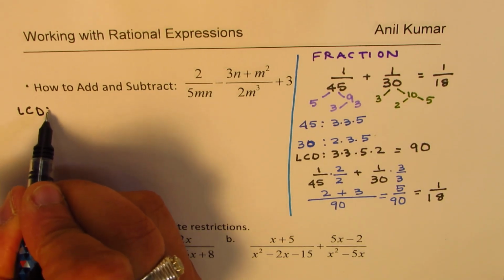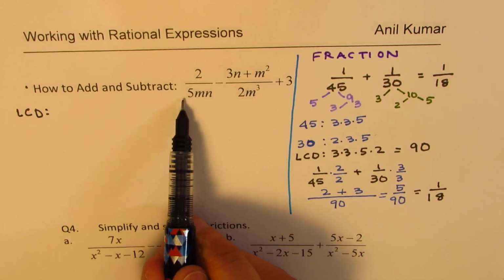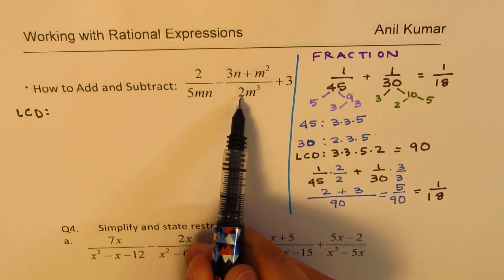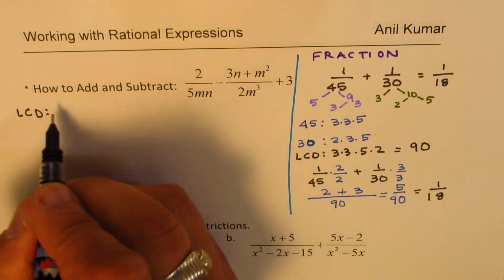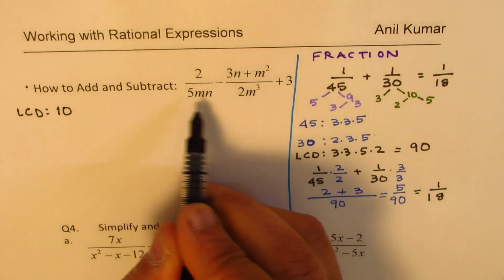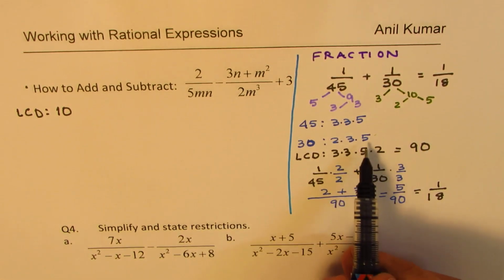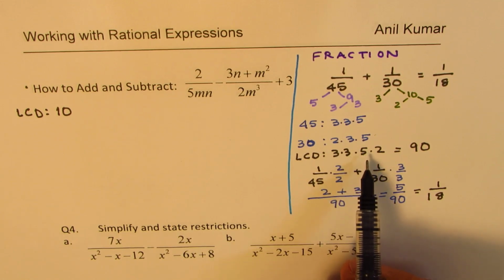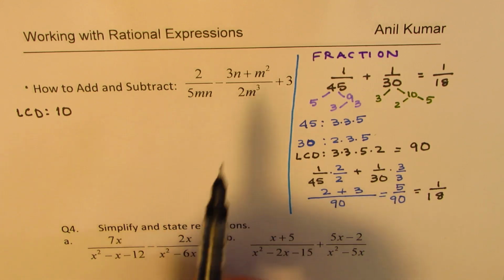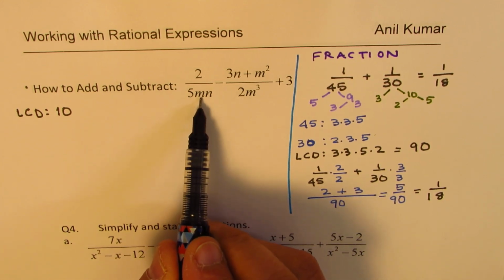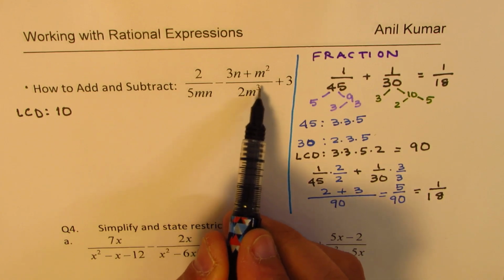So the lowest common denominator: we have 5 here, we have 2 here. As far as numbers are concerned, we need to take 10, right? So we'll take 10, 5 times 2, just as we multiplied this 2 with all of them. You get the idea, right? So 10. We took 5 from here and 2 from there. We just wrote 10. As far as m is concerned, we have a bigger m here, m cubed.